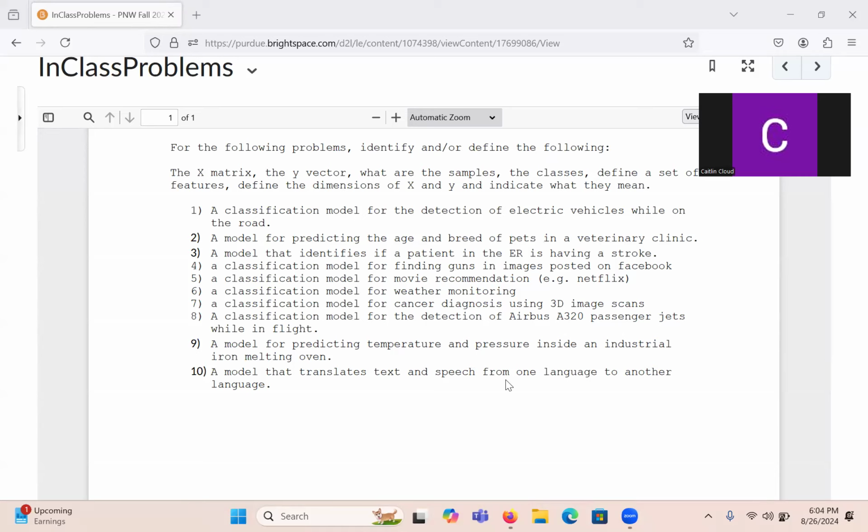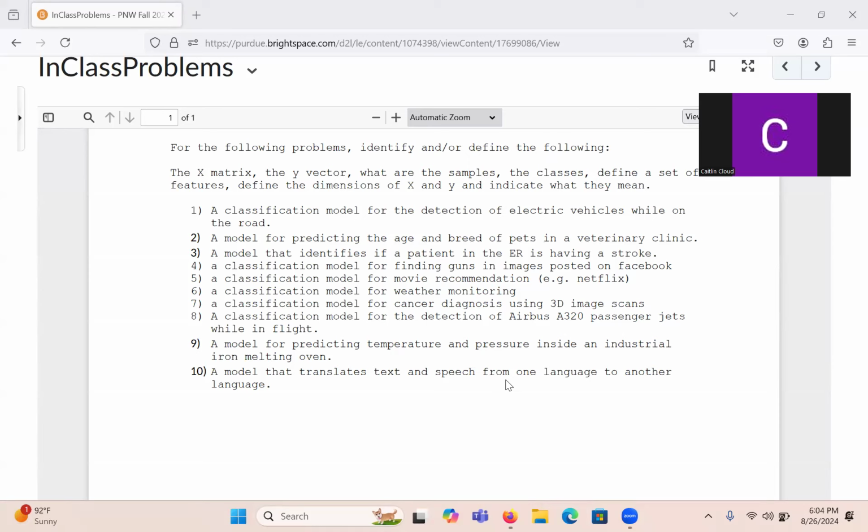classification. Let's not do images anymore because we've done that. Which one? Weather monitoring. Which one is that? 6?